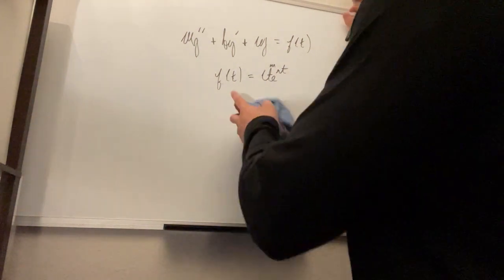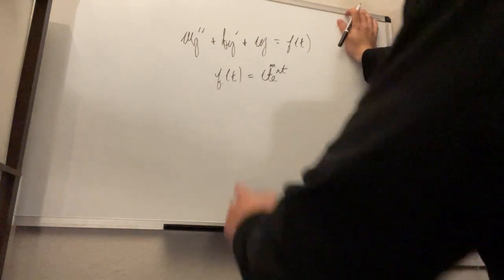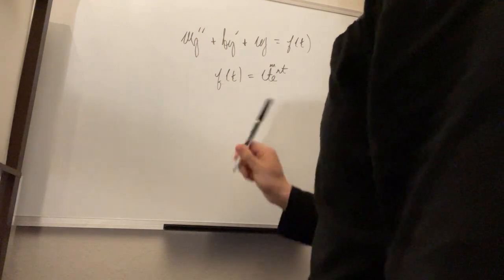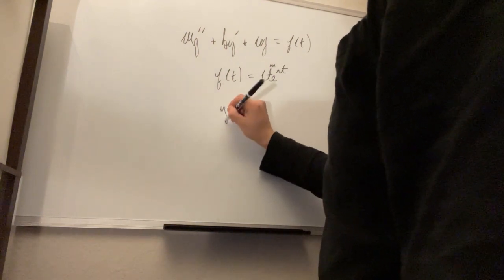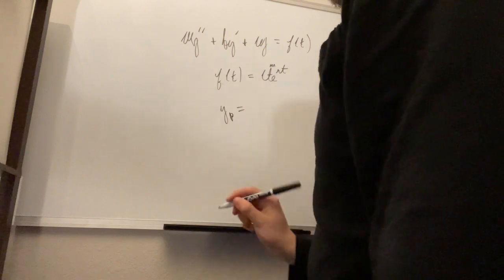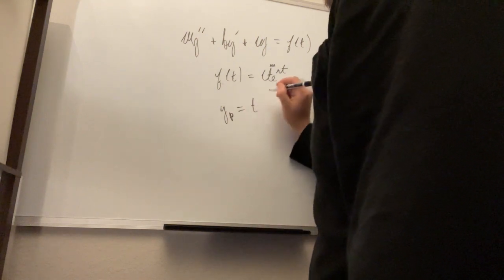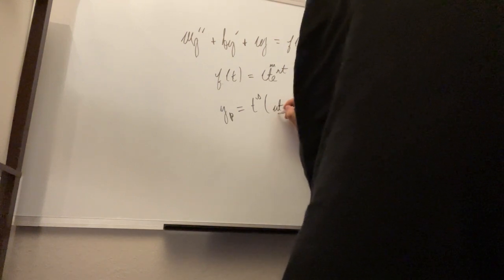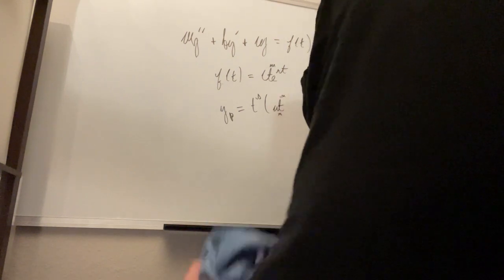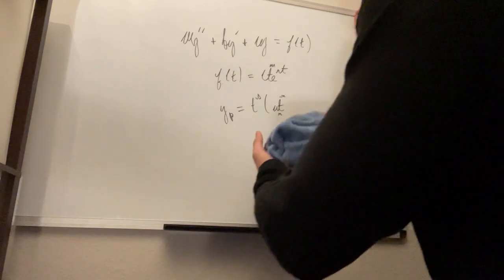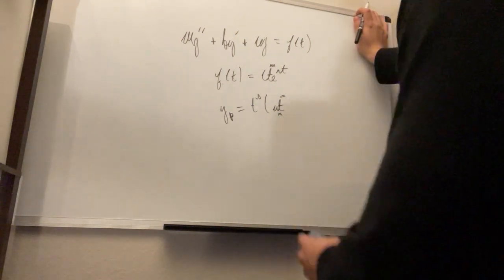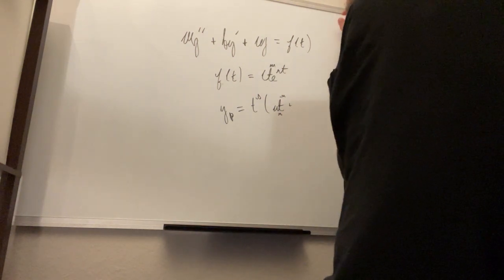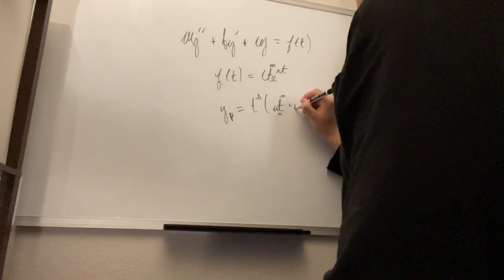Now, if the non-homogeneity is equivalent to this, we are going to set the particular solution equivalent to t to the power of s times a_m t to the power of m, or any arbitrary polynomial with a leading degree m. So we're going to continue this down with decreasing polynomial degrees until we get to 0.